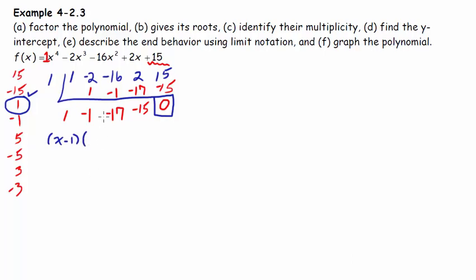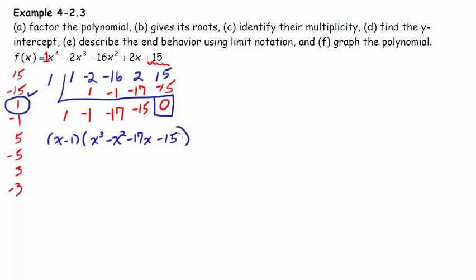Okay, and these are the coefficients of what's now going to be a cubic. So this is going to be x to the third minus x squared minus 17x minus 15.